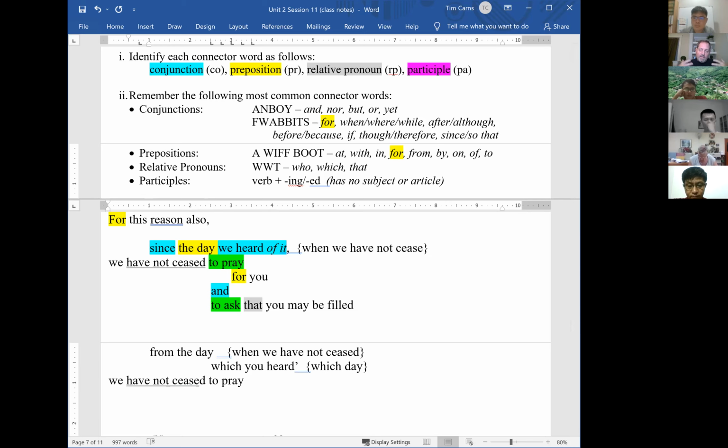But the meaning or the idea of it is, since the day we heard of it, this is expressing an idea of a time, right? So at least if you aren't clear on how it would be diagrammed, you at least know that this is answering the question when something happened, and therefore it's going to modify an action. And in this case, the action is we've not ceased to pray.